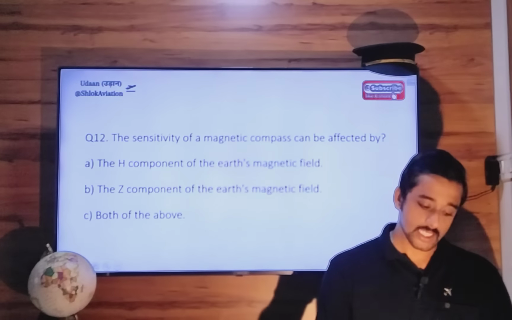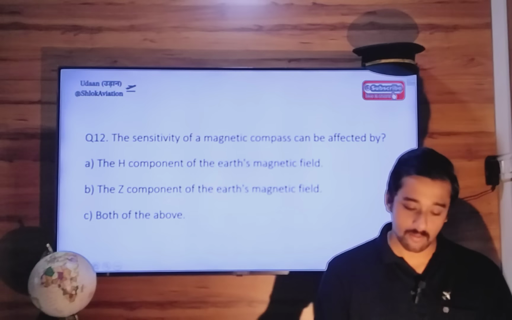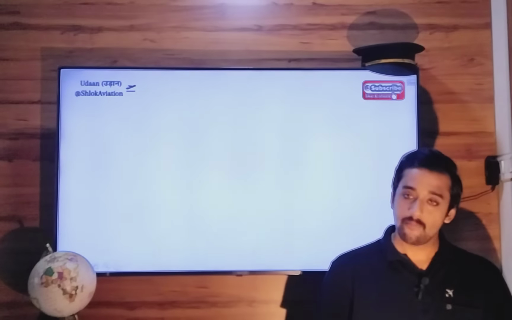Question number 12. The sensitivity of a magnetic compass can be affected by what? Very important question.